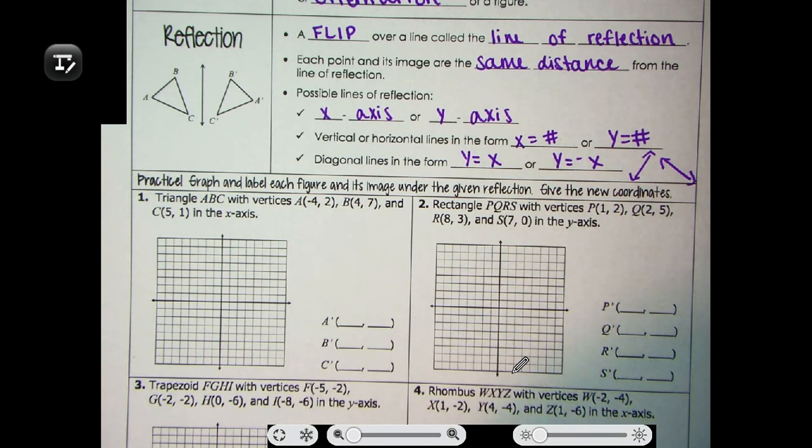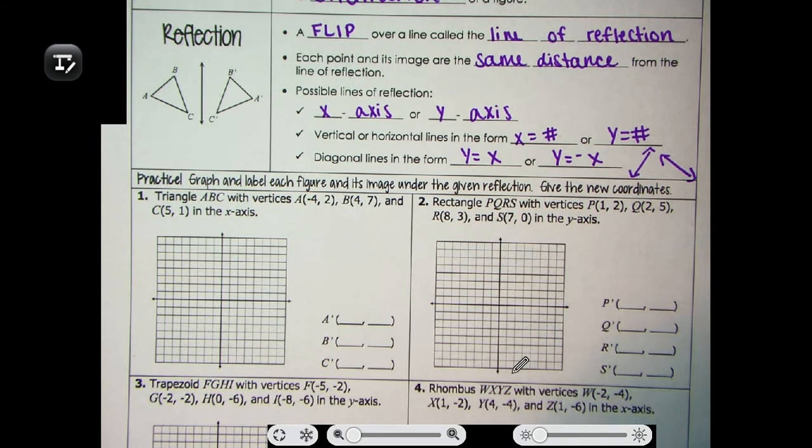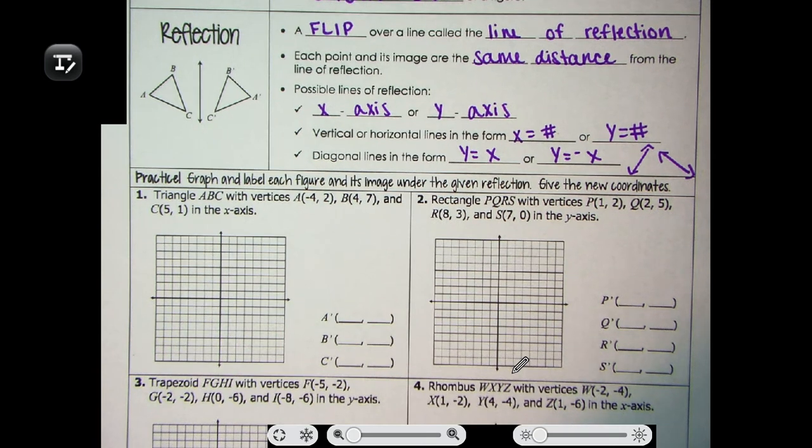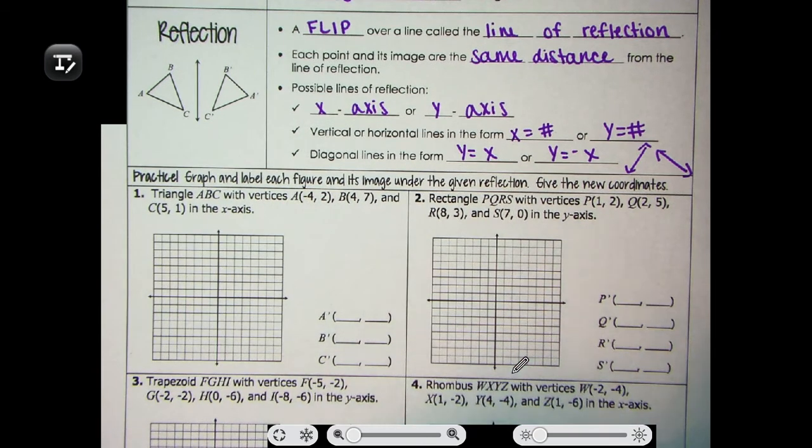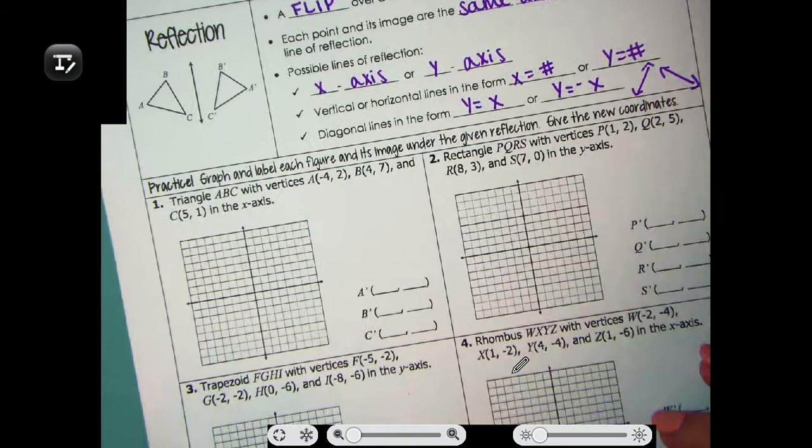Example 1 says triangle ABC has vertices, and it gives us the coordinates, and then it wants us to reflect it, and then it gives the new coordinates. So the first thing I'm going to do is graph triangle ABC with these vertices. So let's zoom in here.